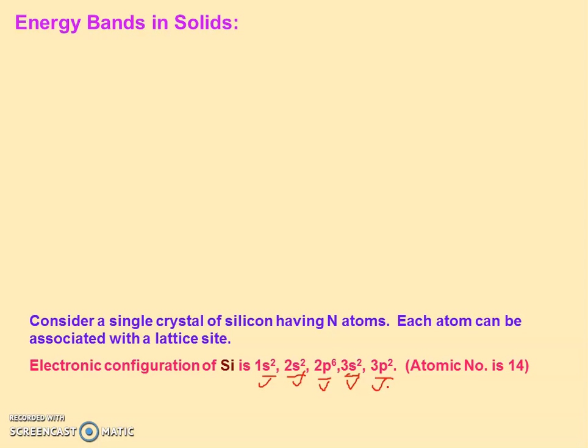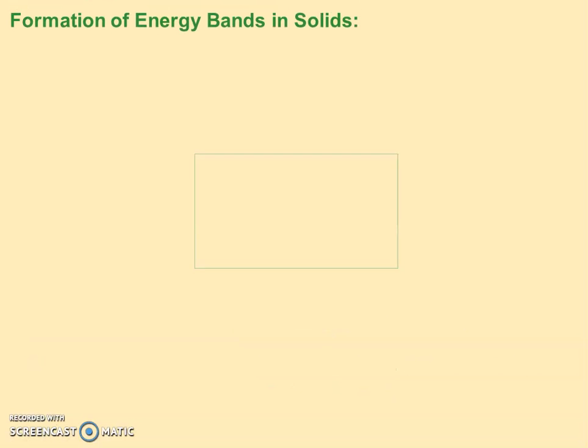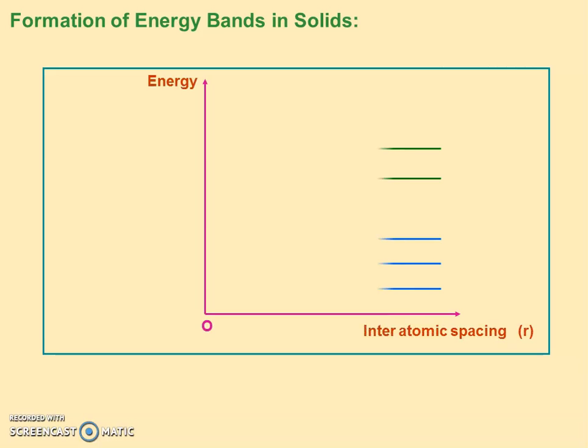Right? If we draw the energy levels for this silicon atom, these energy levels will look like this in the graph. Now this energy level is not single. There are 2 energy levels.